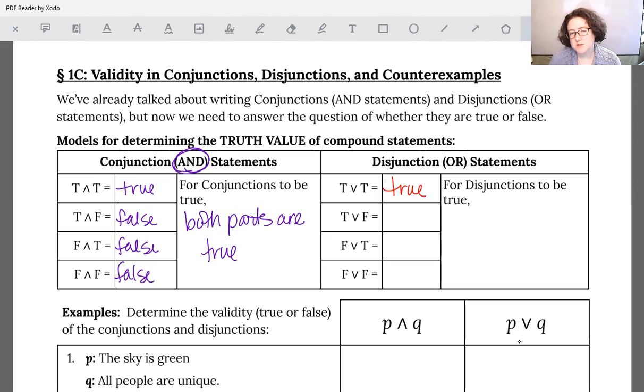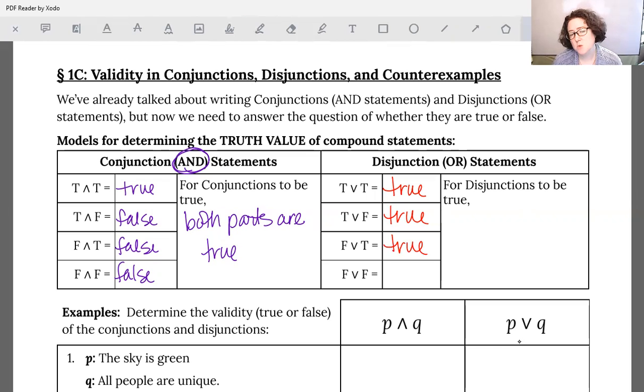I am wearing glasses or I'm wearing a hoodie. Well, I'm wearing glasses, so that statement is still partially correct. So that's true. So it's a little different with or statements. As long as you have one piece true, you can say the whole statement is true. So I'm wearing contacts or I'm wearing a sweater. Well, yeah, I'm wearing a sweater.